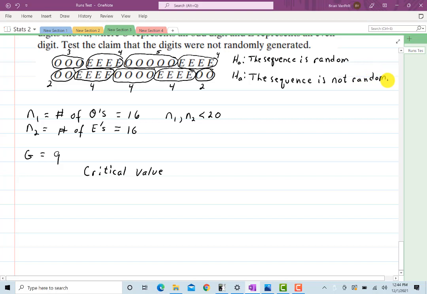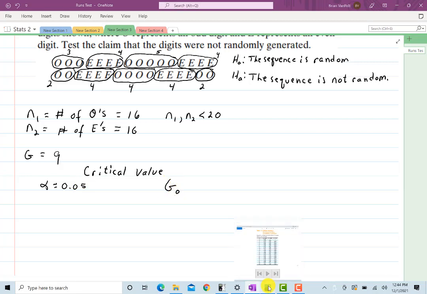And remember, we were always assuming that alpha equals 0.05. Now, we won't do anything with alpha for this table, but let's go ahead. Do I know what I want to call this critical value? Let's call it G sub 0. And let's pull up the table.